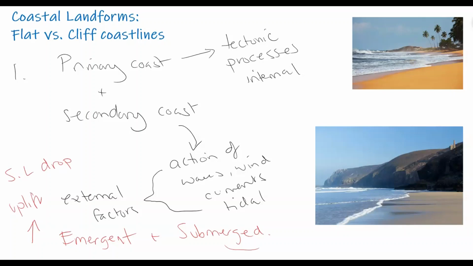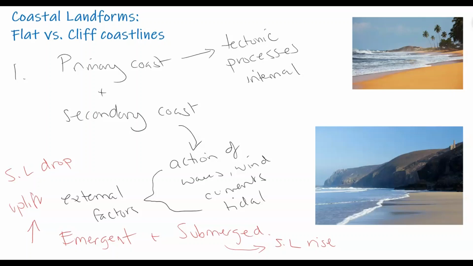Whereas submergent, the sea level is going to rise and cover more land and submerge more of the coastline. So a coast, primary or secondary, can relate to either emergent or submergent, depending on where it is and its location.